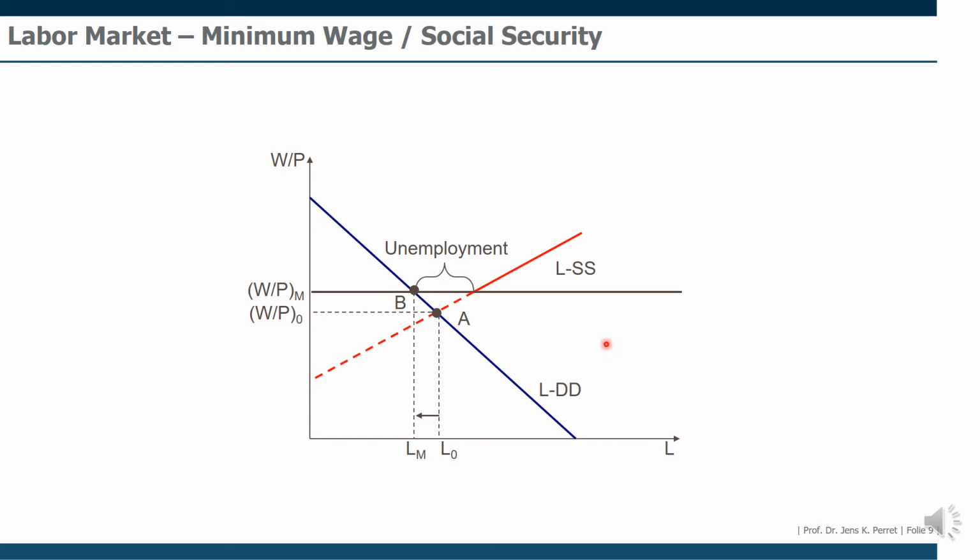This would be like if you establish a minimum wage for CEOs and say every CEO should earn at least 10 euros per hour. Well, this actually wouldn't make any sense. No one would actually be affected by this. However, it might be a problem if the equilibrium price is below the minimum wage, or below social security rates, or below union rates.